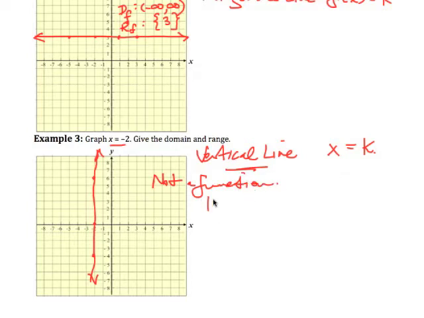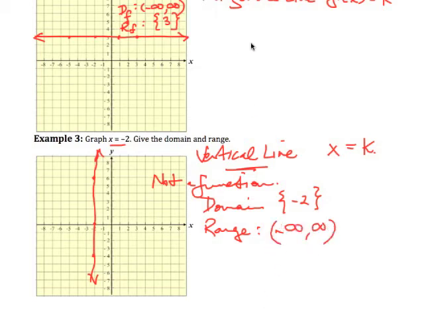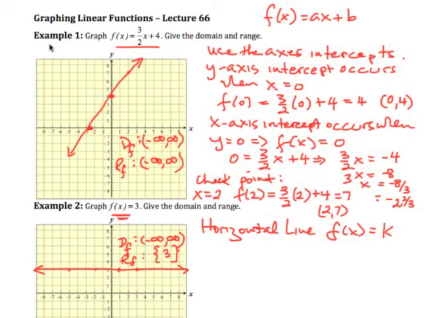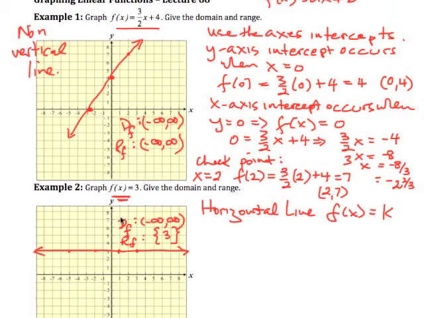Now what's the domain of this? The domain, of course, is the x values, and there's only one x value, and that's -2. And what's the range? Every y value is being produced here, so we have -infinity to infinity. So that's a few here. This is a non-vertical line, and it will always have this domain and range.